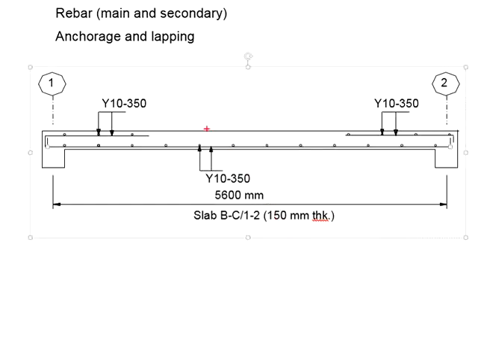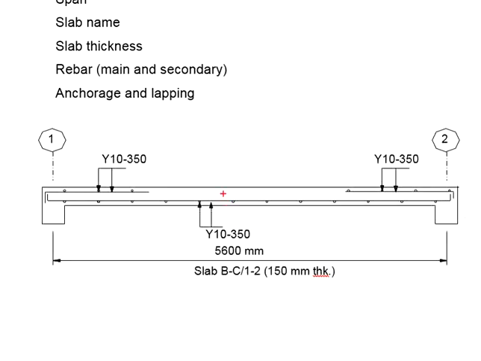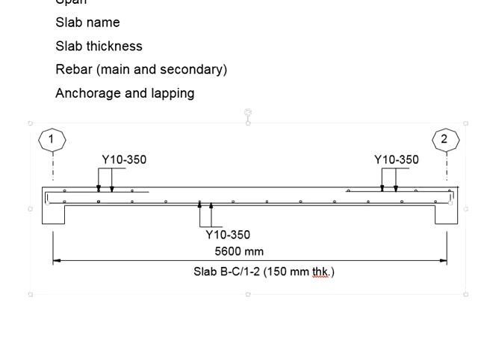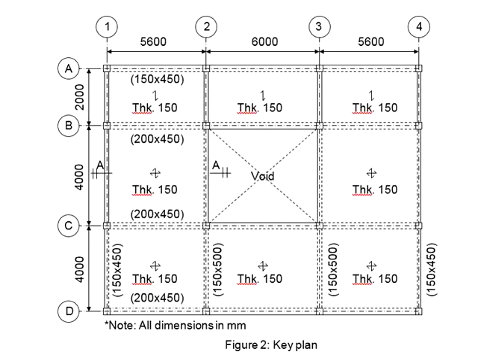Instead of giving the reinforcement arrangement in this manner, which is wrong, the reinforcement should be given in this manner. Now your next question. Under what circumstances the reinforcement will look something like this? This happens when you are doing the cut section here.